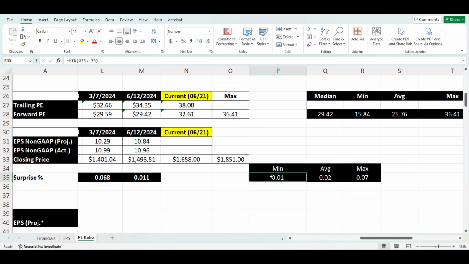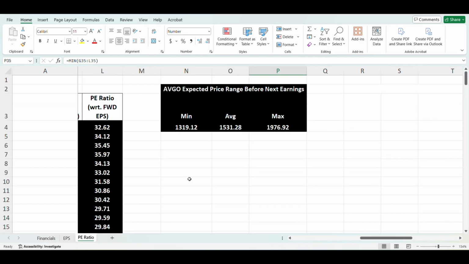And that gives me 1319 as my minimum stock price for AVGO. It does not mean that AVGO will come to this level. It means that AVGO should not go below this level. So just to come up with a price range, I have this minimum price value for AVGO.